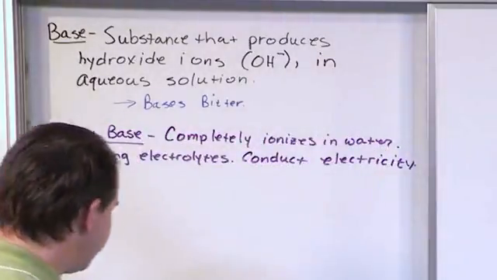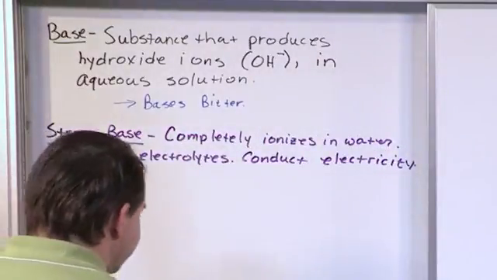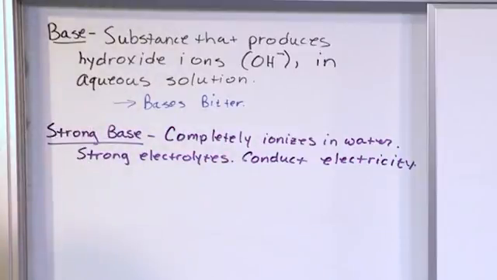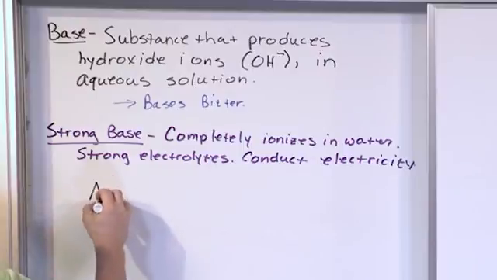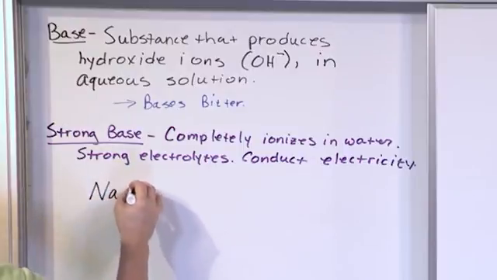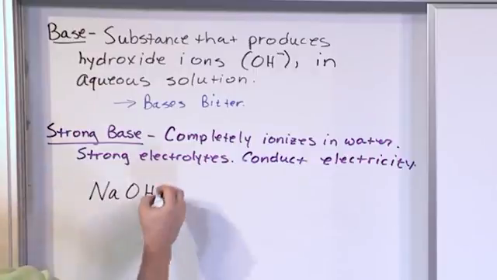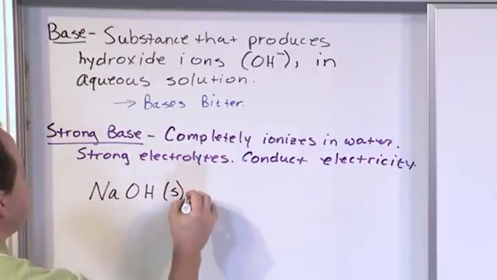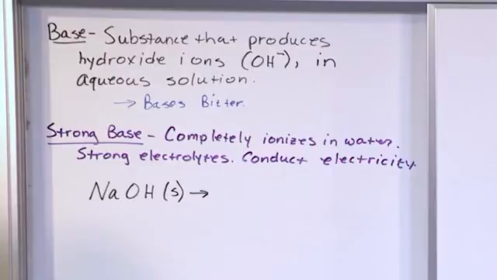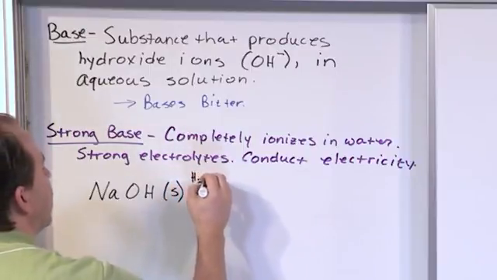So let's give a real example of a base. Probably the most common base that you'll hear about is sodium hydroxide, NaOH. Let's say it's a solid. Usually you get it in powder form or in pellet form. And let's say you put it in water. What do you think is going to happen?